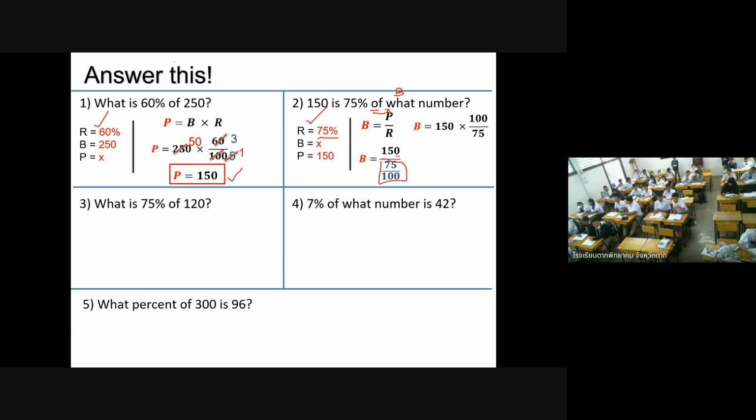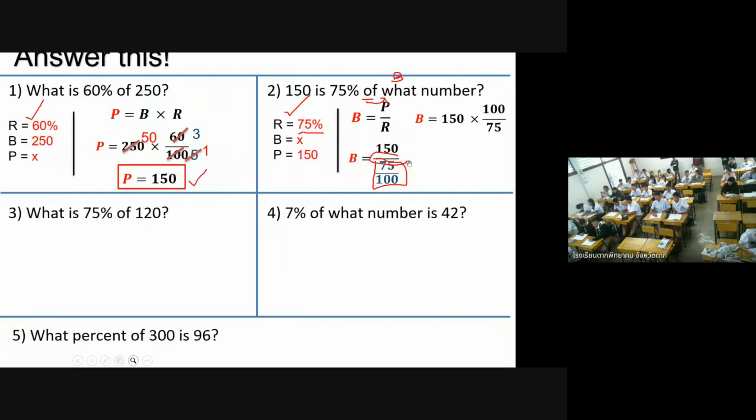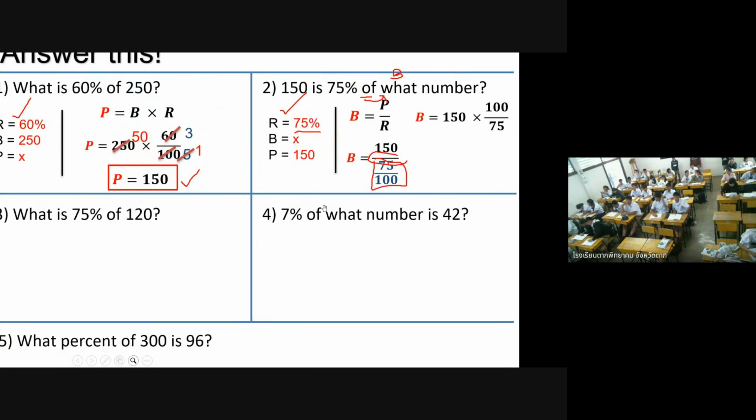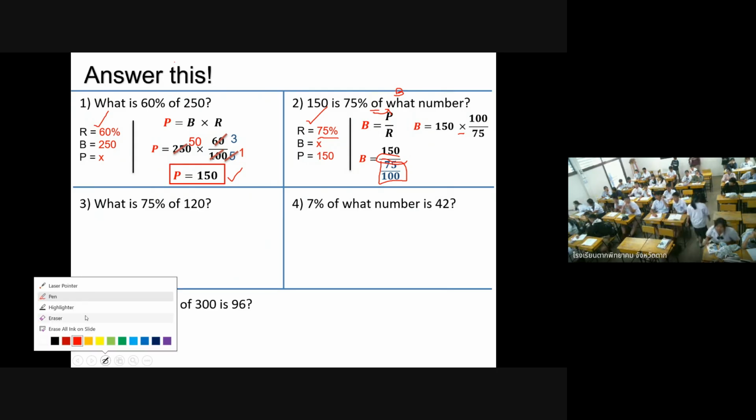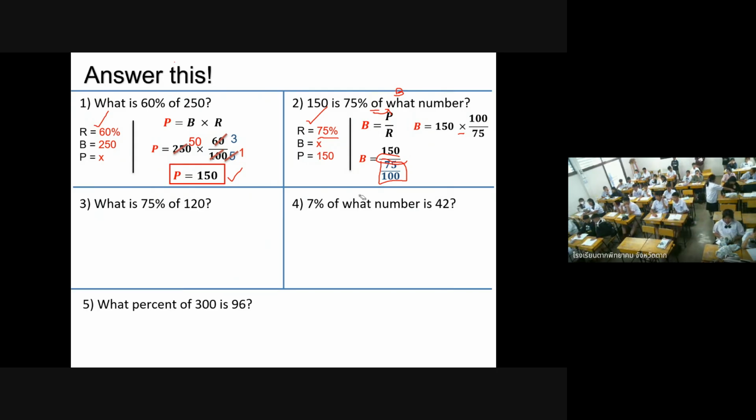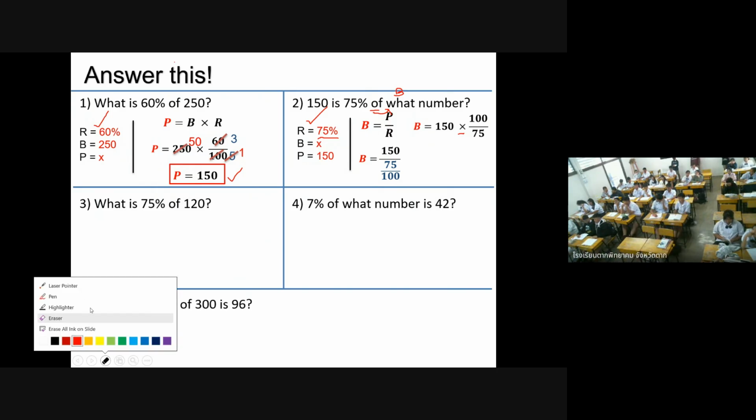Again, it will become, okay, we're gonna turn this into multiplication. And then we're gonna get the reciprocal. What is the reciprocal of 75 over 100? That would be 100 over 75. Okay?